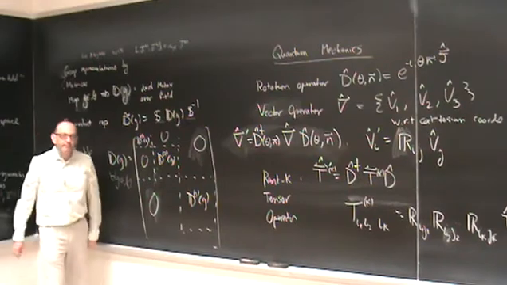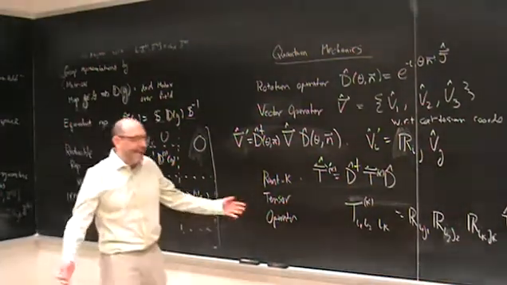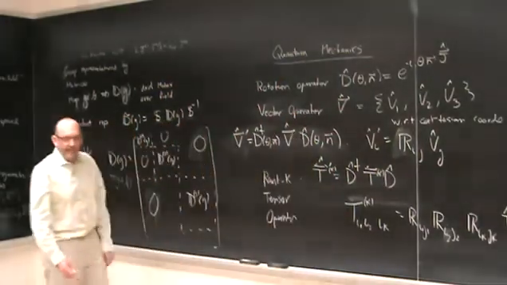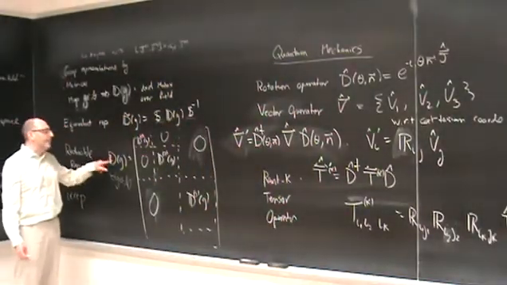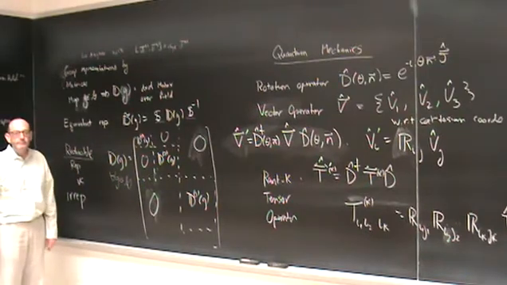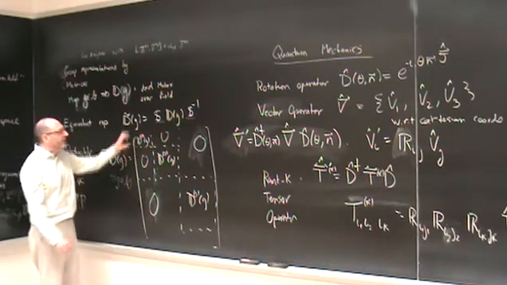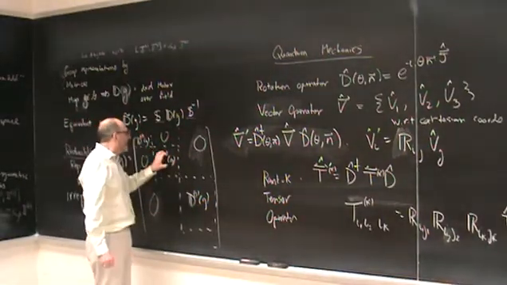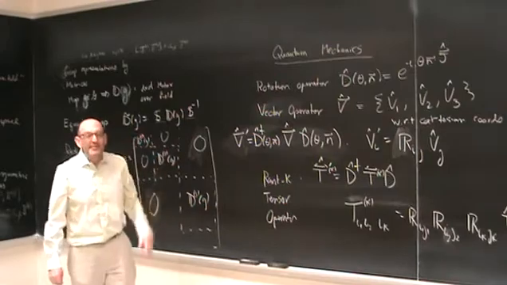We'll see a case like that soon. If that's the case, then this representation is said to be reducible, because each of the blocks is itself a representation of the group.